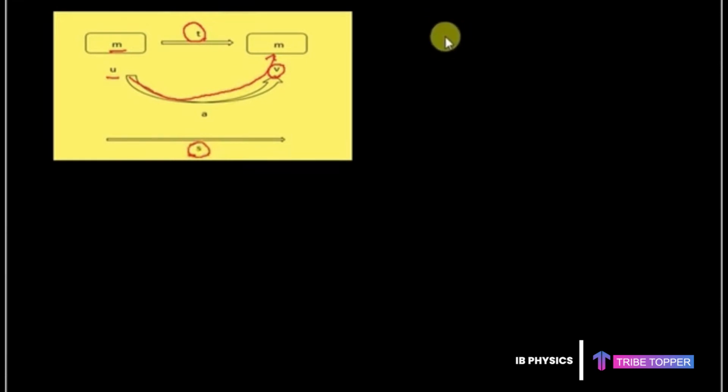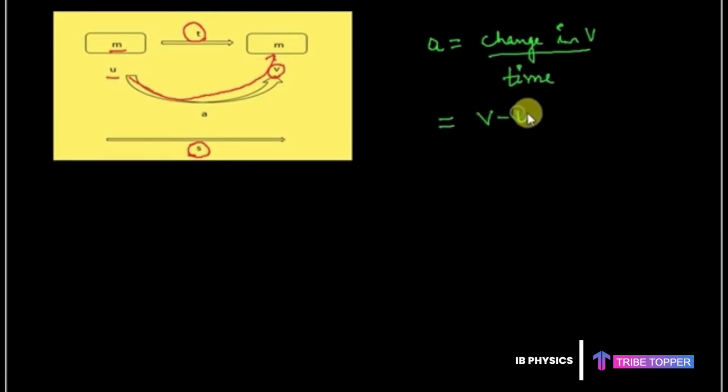We know that acceleration is the rate of change of velocity, that is, acceleration is change in velocity upon time. How would we find the change in velocity? Final velocity minus initial, that is v minus u, upon t. So this is also the definition of acceleration.